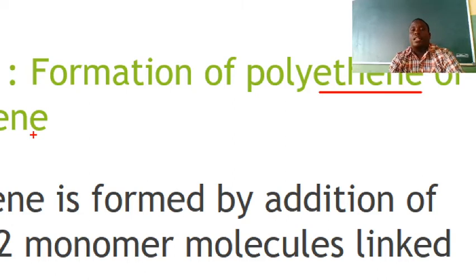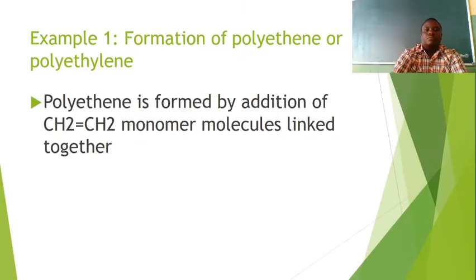So CH2=CH2 monomer molecules are linked together to form polyethylene. Sometimes you will be asked to show the monomers in polyethylene.